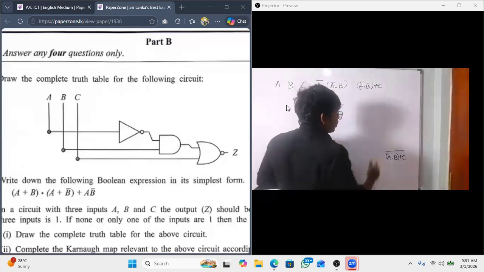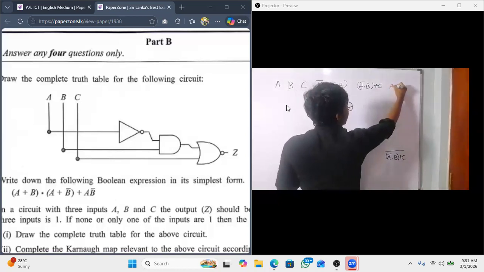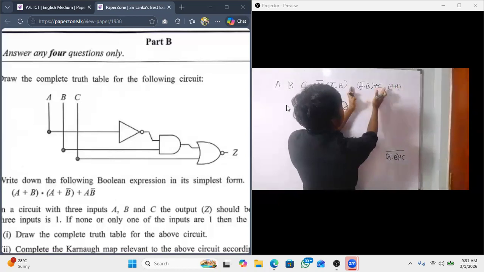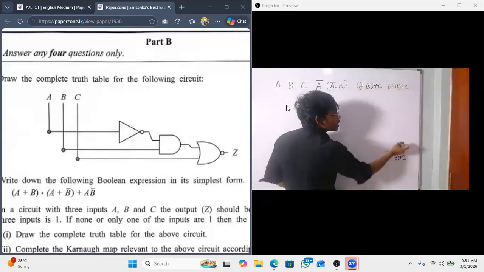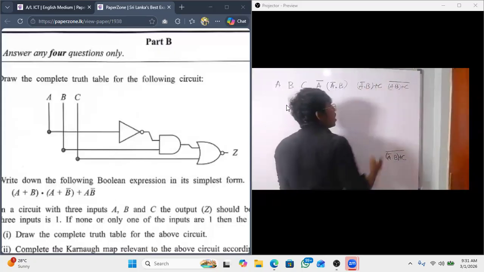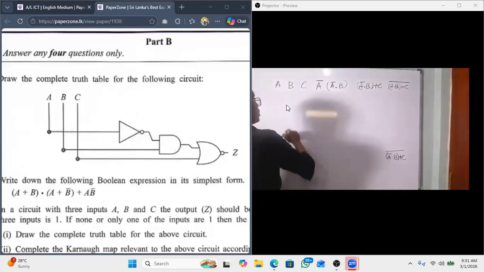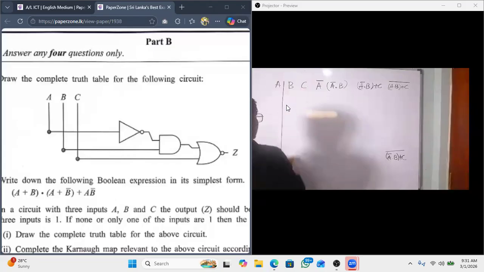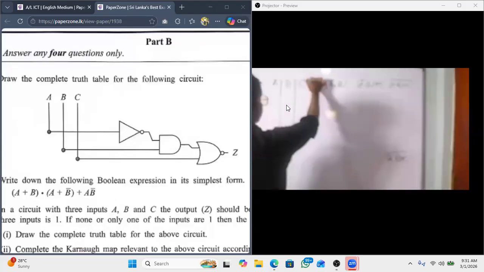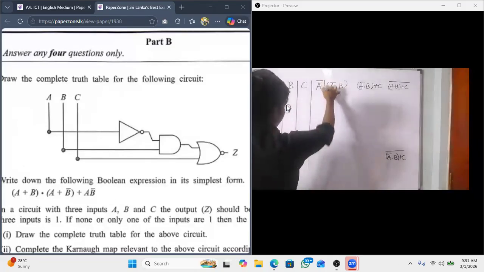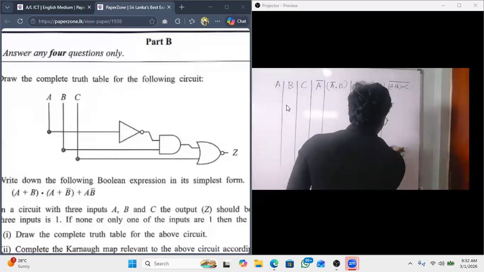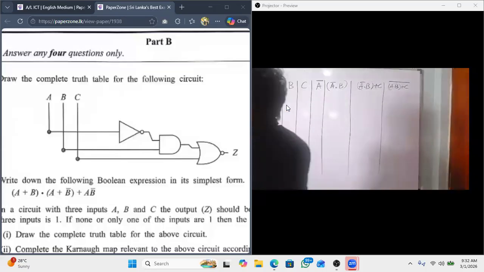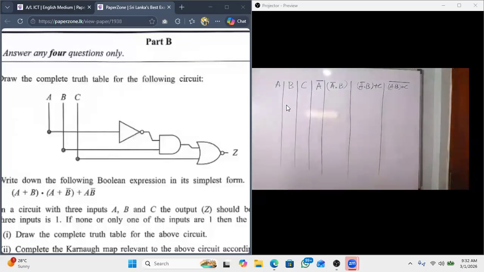Now the final step you have to do is the bar on the whole expression. You have this entire equation. I will write it again, and the next operation is adding a bar. These are my columns. I can line it up like this. Clear? These are my columns.